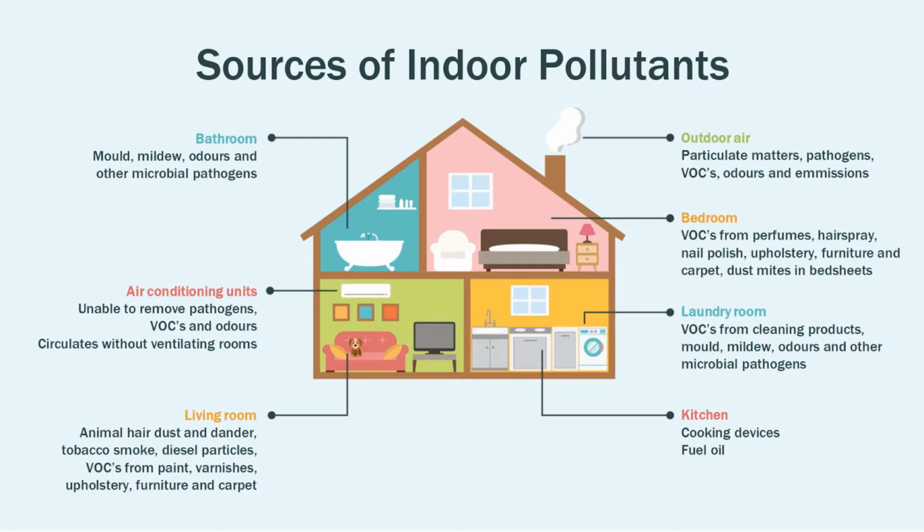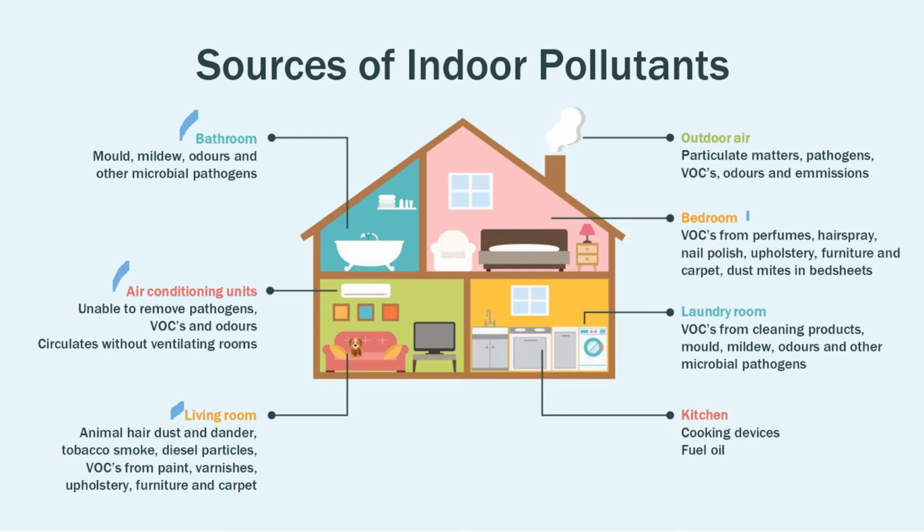In the bathroom, we have mold, mildew, odors, and other microbial pathogens. In your air conditioning units, we have VOCs and odors that circulate without ventilating rooms. In the living room, your sources of indoor pollutants are animal hair, dust, and dander, tobacco smoke, diesel particles, and VOCs from paint, varnishes, upholstery, furniture, and carpet.